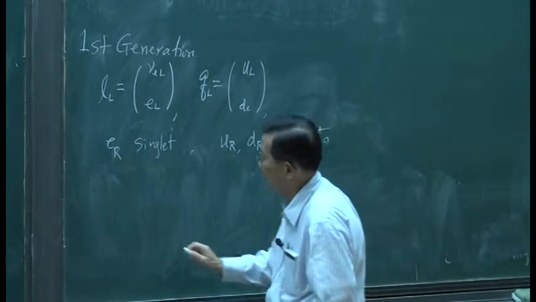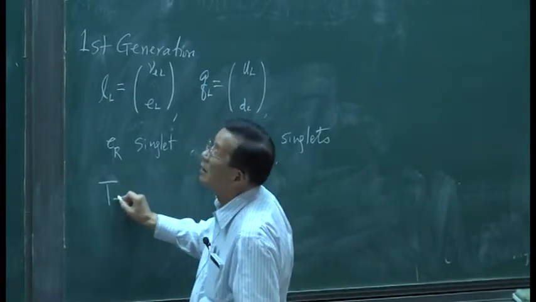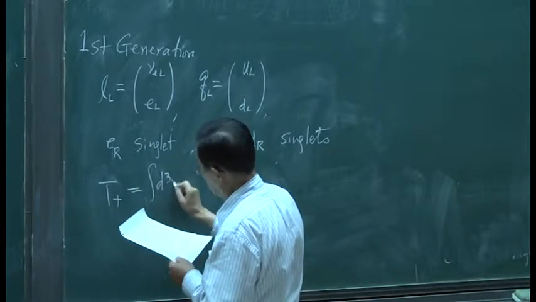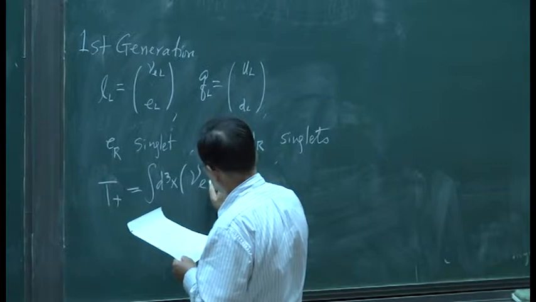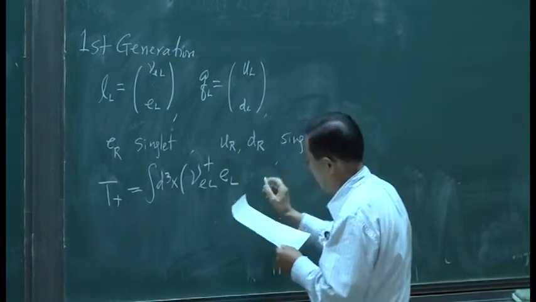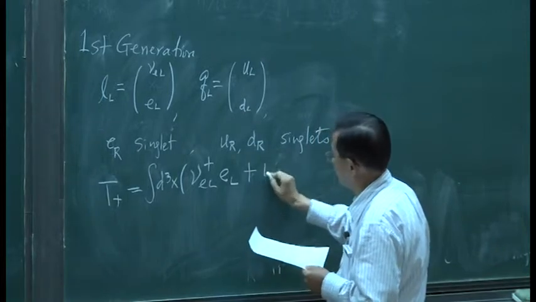And we can construct the T plus as before there. We have T3x, neutrino, electron, left-handed, and then plus the quark contribution.